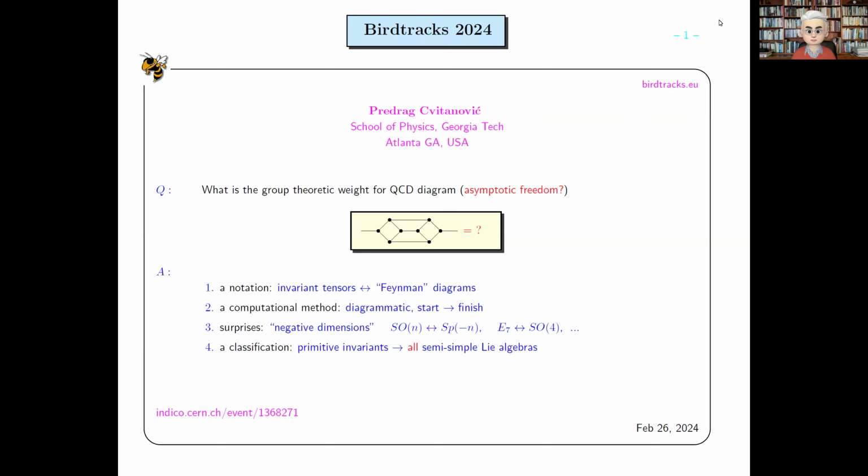As we get used to them, there are pleasant surprises. For example, you discover that negative dimensions make sense. And to me, most amazing of all, I can use this to classify all possible primitive invariants, and that gives me all semi-simple Lie algebras, which is very sweet.